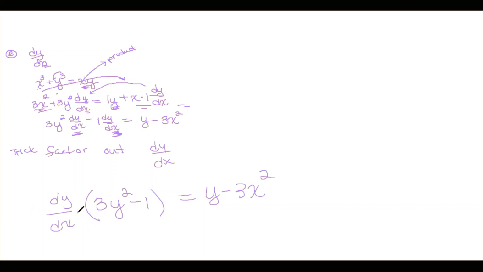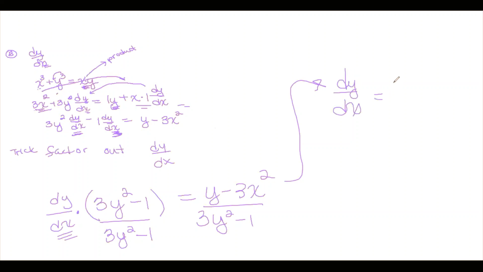Now, if I wanted to get this alone, then I would just divide both sides by 3y squared minus 1, and then this becomes my answer. Your answer is dy/dx is equal to y minus 3x squared all over 3y squared minus 1.